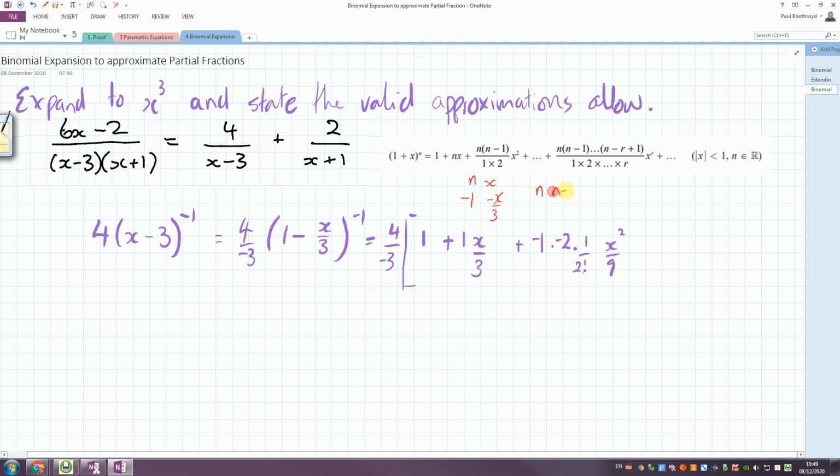Again, we've got n minus 1, 1 over 2 factorial, and we've got our x squared here, which goes to that. And we need one more term, the x cubed.